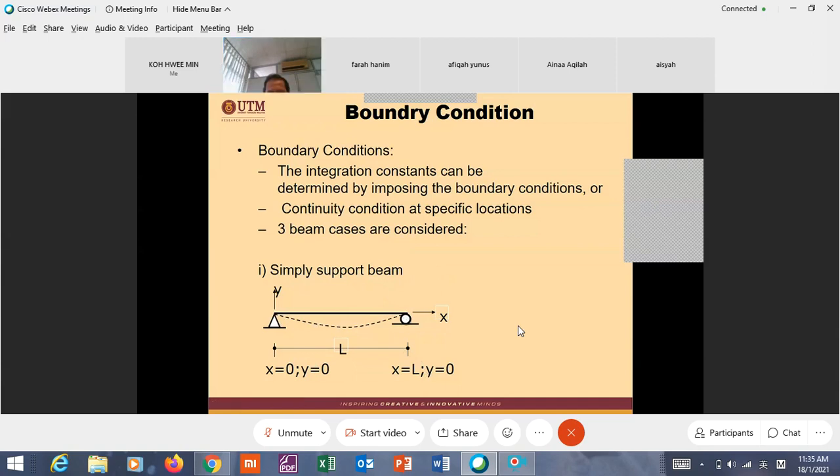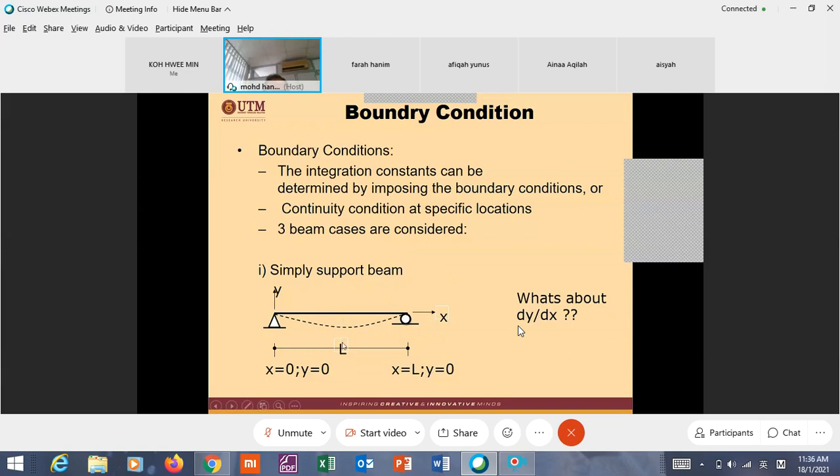Two boundary conditions. Okay? In this case, if it is symmetrical loading and a symmetrical beam, then dy/dx, or theta, at mid-span is equal to 0.